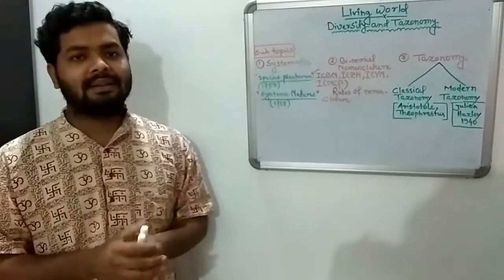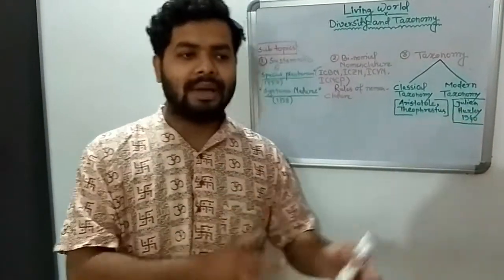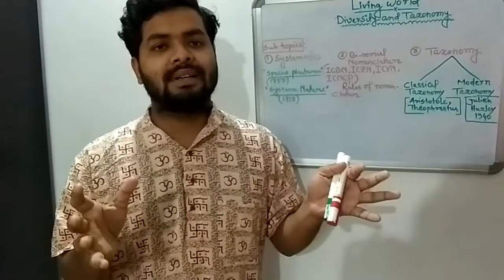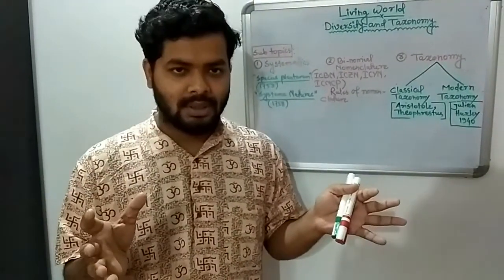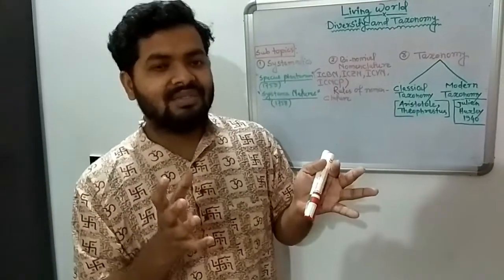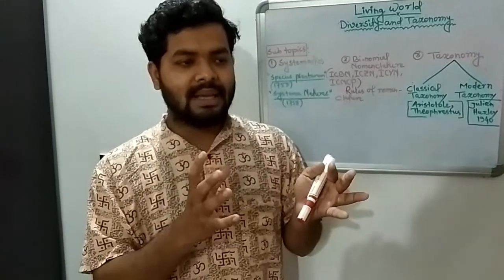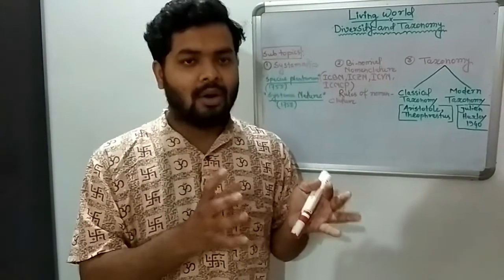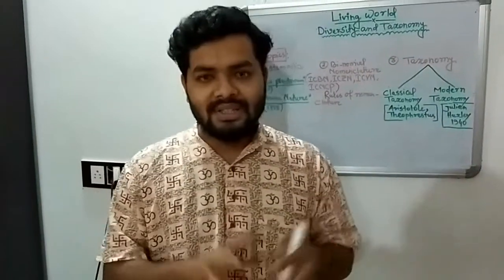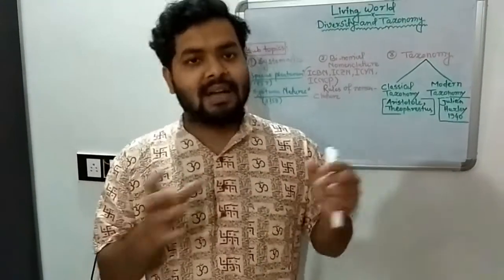What is systematics? Systematics is a branch of science where all the living organisms present in our living world are classified, taxonomized or arranged in a scientific way, where various organisms can be grouped into different taxa.